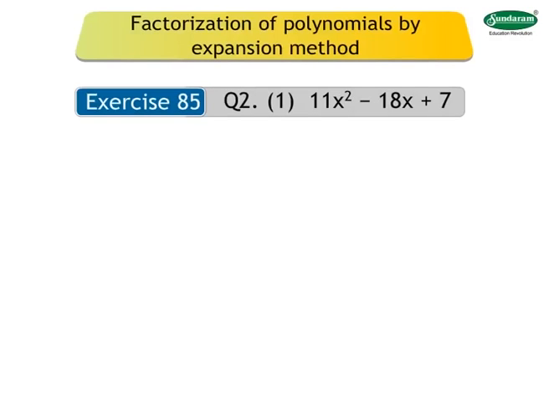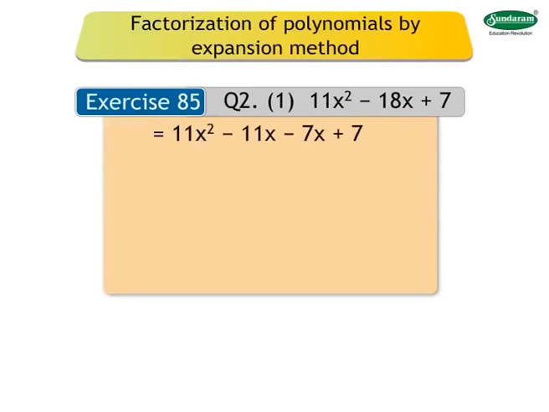Therefore, we can say that 11x square minus 18x plus 7 is equal to 11x square minus 11x minus 7x plus 7. Considering the first two terms and finding the common factor, we get 11x into x minus 1.